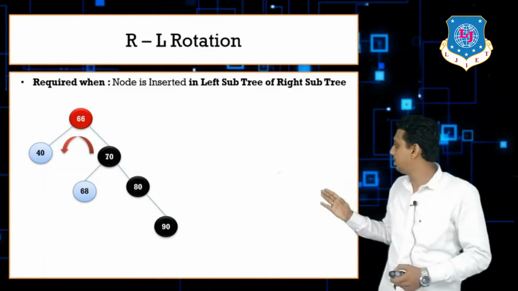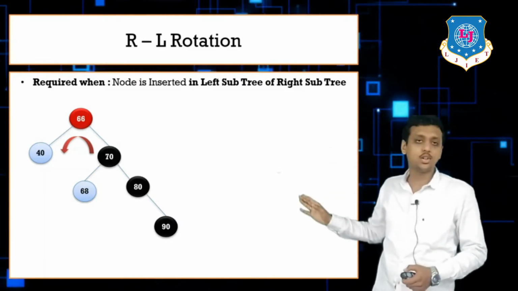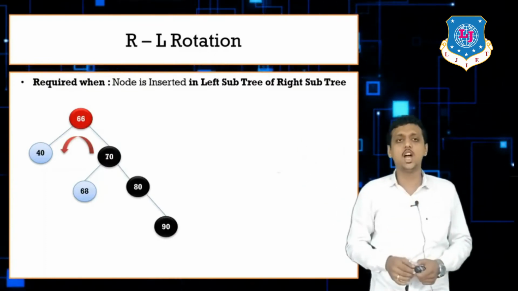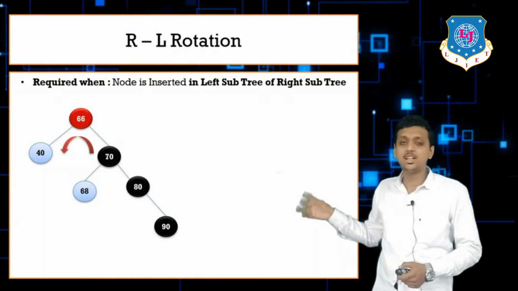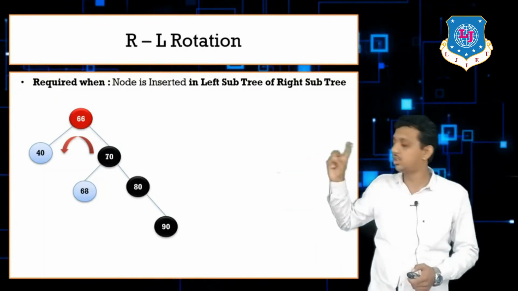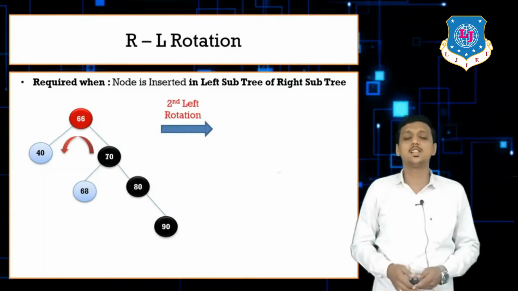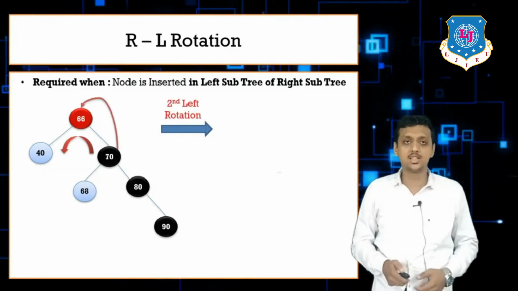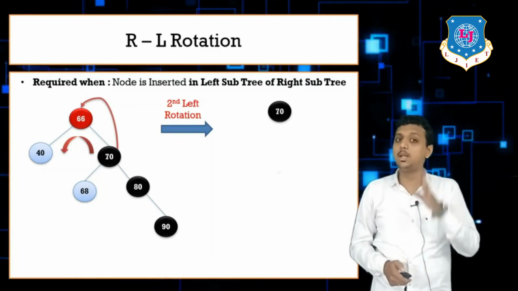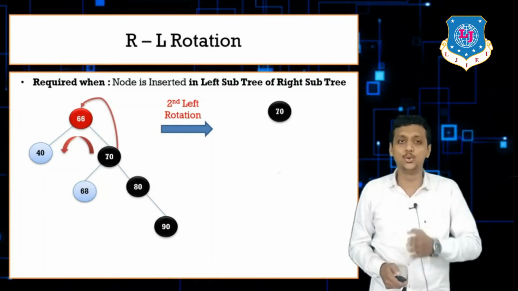So what you need to do is apply the left rotation on node 66. You all know how to apply left rotation. How? Bring 70 to the place of 66, 66 to the place of 40, and 40 will go down. So here is the second, left rotation. First, 70 will take the place of 66. So now, students, 70 becomes our root node.